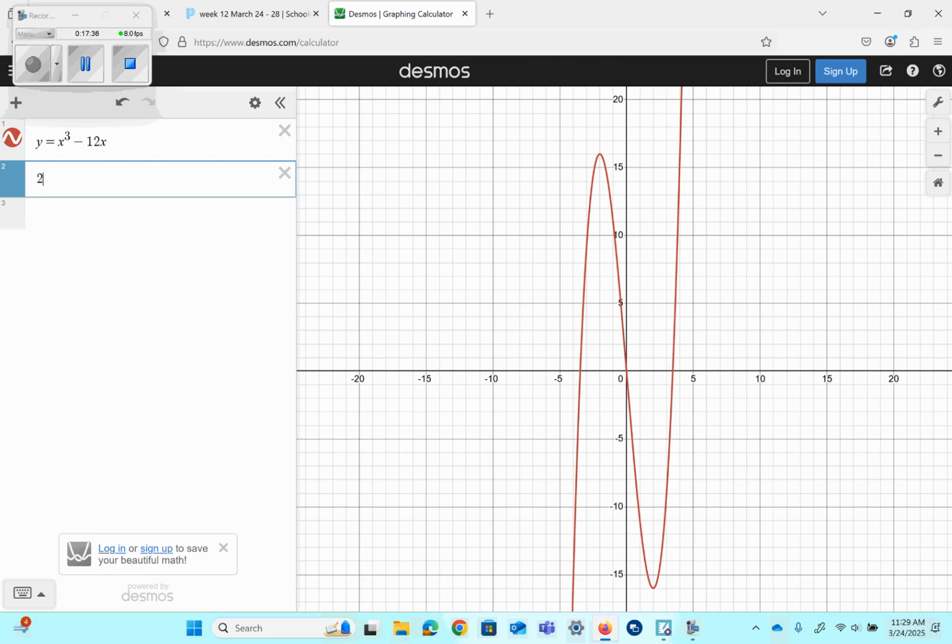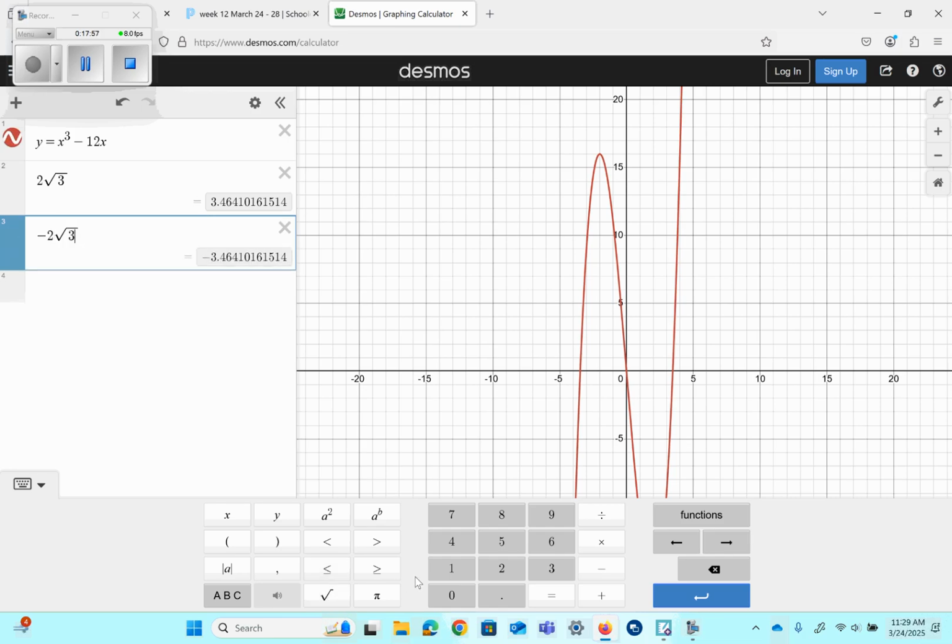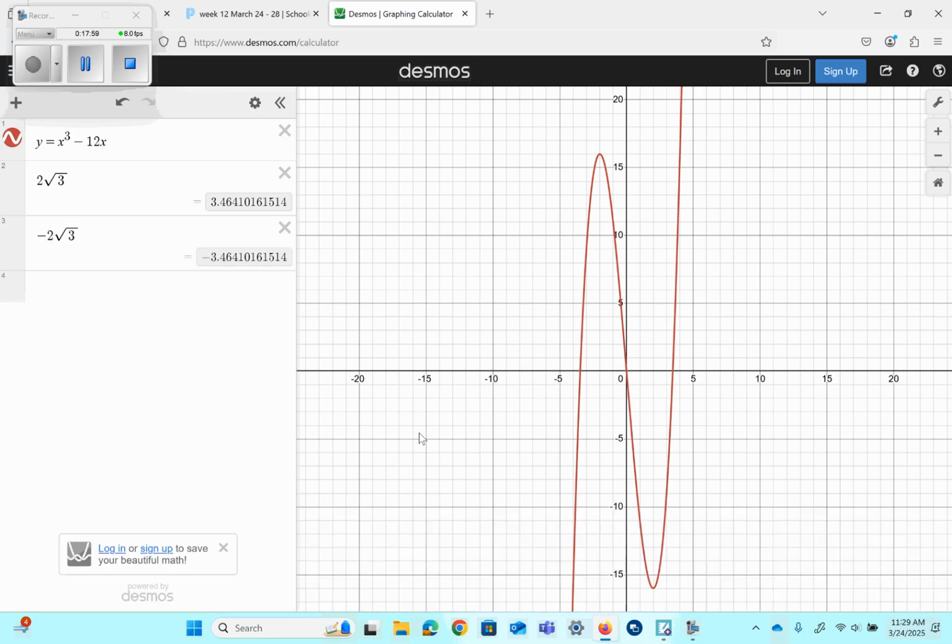What is 2 square root 3? And what is negative 2 square root 3? Let's just make sure that those actually do exist here. So negative 3.46. So those values are where 2 root 3 and negative 2 root 3 exist.